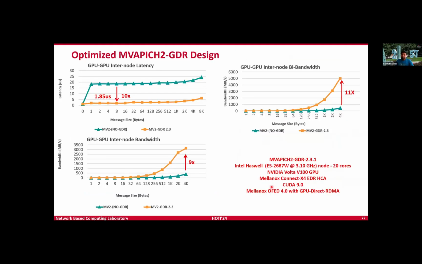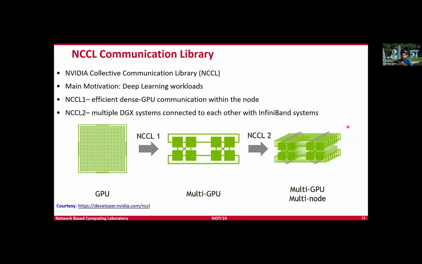As a result of this, we were able to reduce the communication latencies by a factor of 10 and increase the bandwidth by a similar factor. Since then, a lot of vendors, NVIDIA, AMD, Habana, Cerebras, all of them have introduced their own versions of device-aware or CUDA-aware communication runtimes. The first and most popular one to date is NVIDIA's Collective Communication Library, pronounced as NCCL.